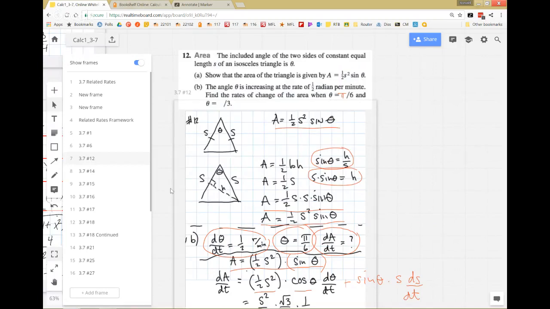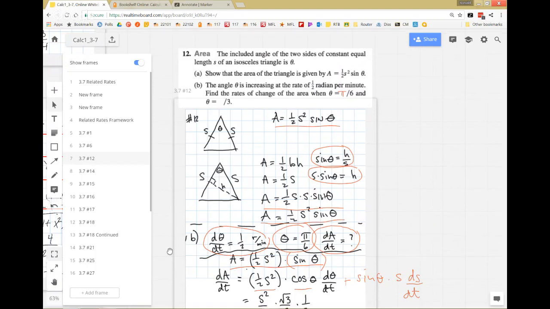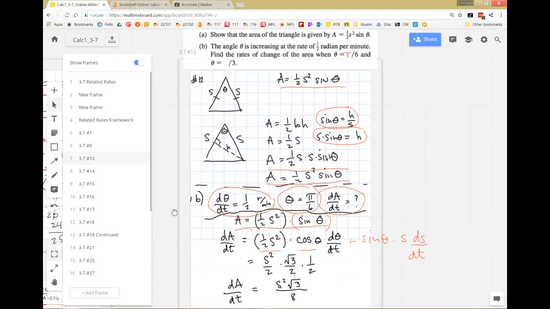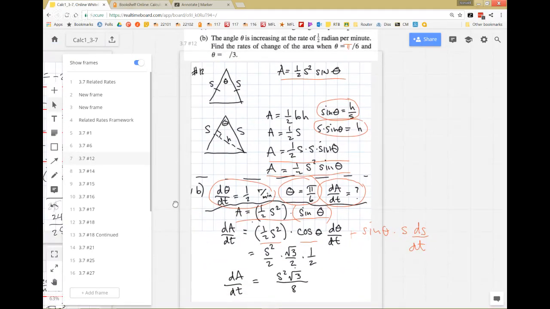So that's the d theta dt. Got that. The rate of change of the area when theta equals pi over 6. I'm going to have to look into that because it doesn't look like we have enough given information. So I will get back to you on that one.